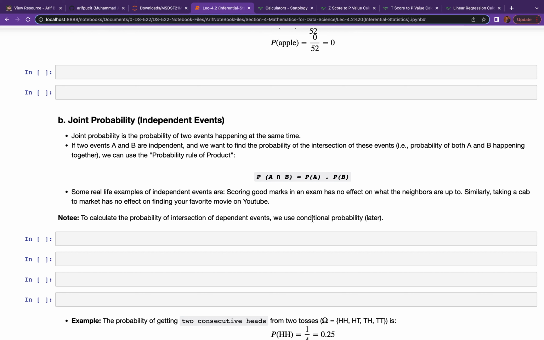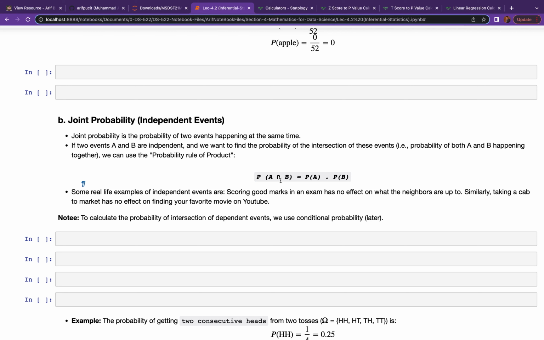Well, my dear students, joint probability means the probability of two events happening together. Let's talk about the joint probability of independent events first. Well, if two events A and B are independent, we can use the probability rule of product to find out the probability of intersection of these events, or the probability of these events happening together.